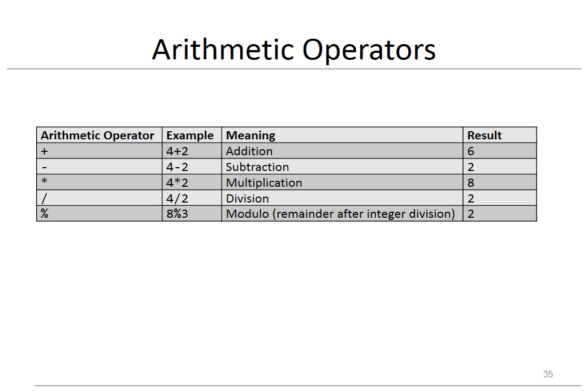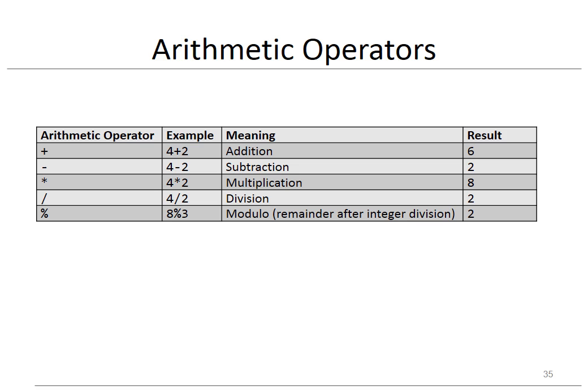Arithmetic operators perform the basic mathematical operations, as you can see illustrated in this table, with the addition, subtraction, multiplication, division, and modulo operator. The latter represents the remainder after integer division. In other words, 8 modulo 3 equals 2, since 2 times 3 equals 6, which gives us a remainder of 2.